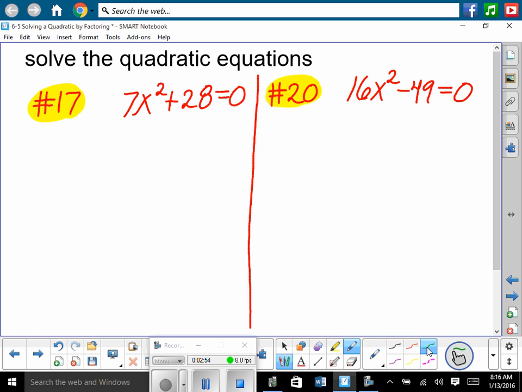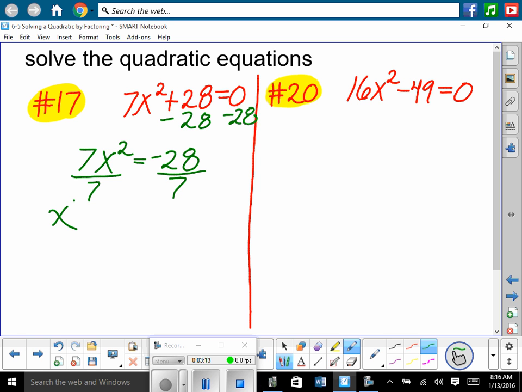So if we were to solve these, once again, notice we have ax squared plus c. We have no middle value bx, right? So we use the method we learned yesterday. We isolate x squared, so we subtracted 28 from both sides. So we have 7x squared is equal to negative 28. Then we divide both sides by 7. So we have x squared is equal to negative 4.